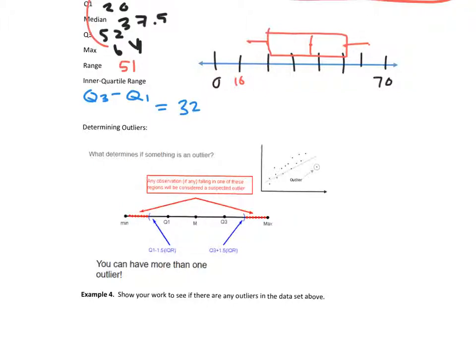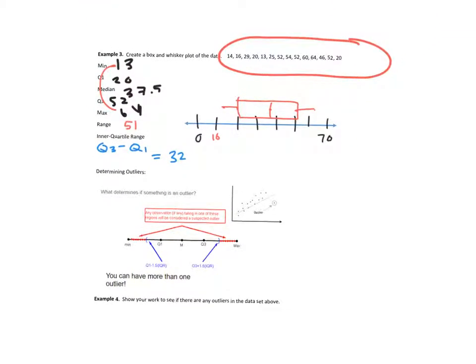Anything that is greater than this number or less than this number will be an outlier. So I'm going to use the data set up here, and my IQR is 32. I'm going to do my Q1, which is 20, minus 1.5 times 32, and I get negative 28.